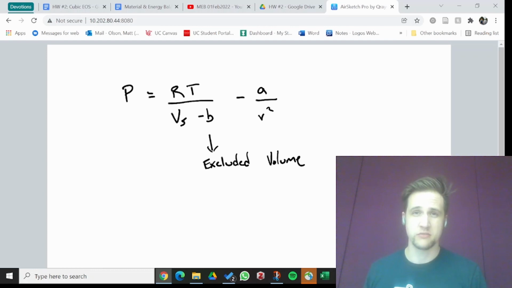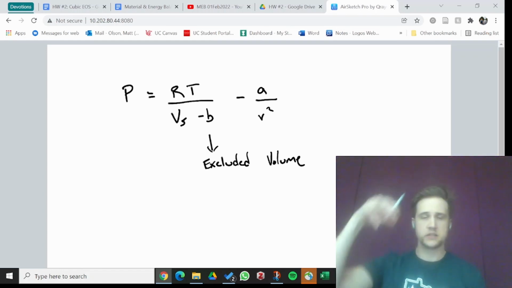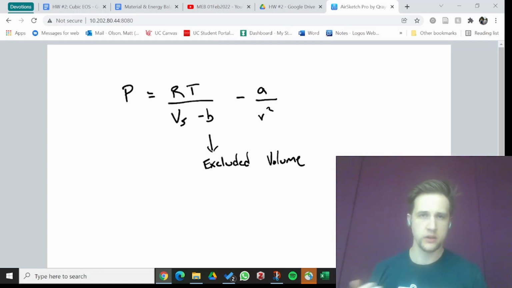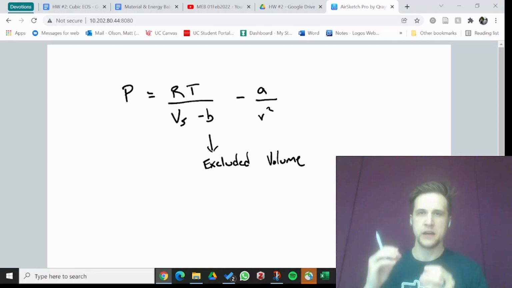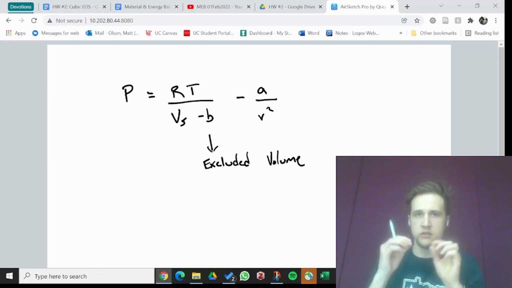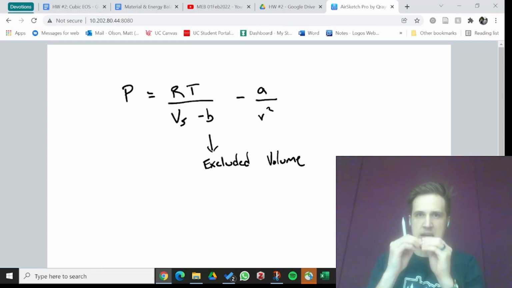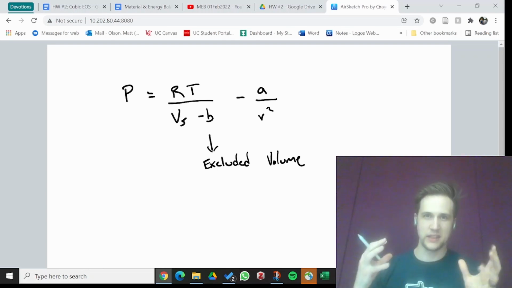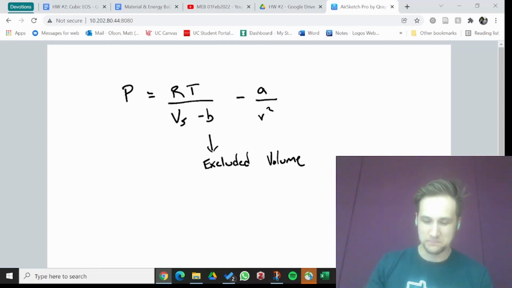Now, you're not just riding this bus alone. There's a lot of other kids that have already been picked up, and those kids are already taking up other seats inside the school bus, and they're already taking up space, right? Just like molecules in a container, you can't have two molecules taking up the exact same point in space at that same exact time. So they can't be on top of each other.